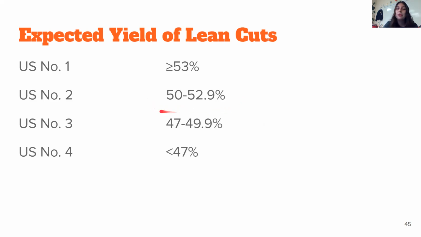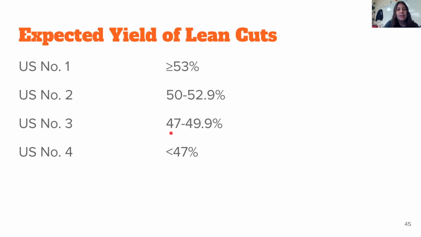The rest of it is going to get used elsewhere. The bones, the organs, the fat, the skin, all that stuff is going to go somewhere else and get used for other things. But 50 to 53% of it should be edible to the people buying it in the grocery store.